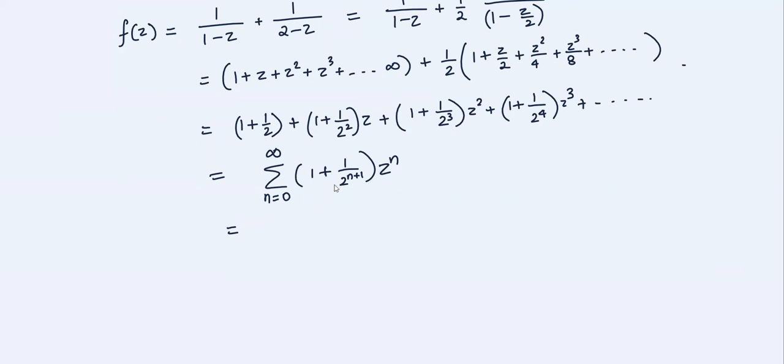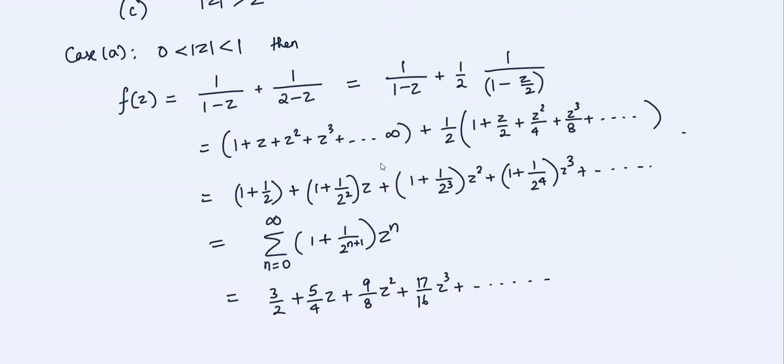So we can write this as 3 by 2 plus 5 by 4 z plus 9 by 8 z square plus 17 by 16 z cube, so on. This is the series expansion for the first case.